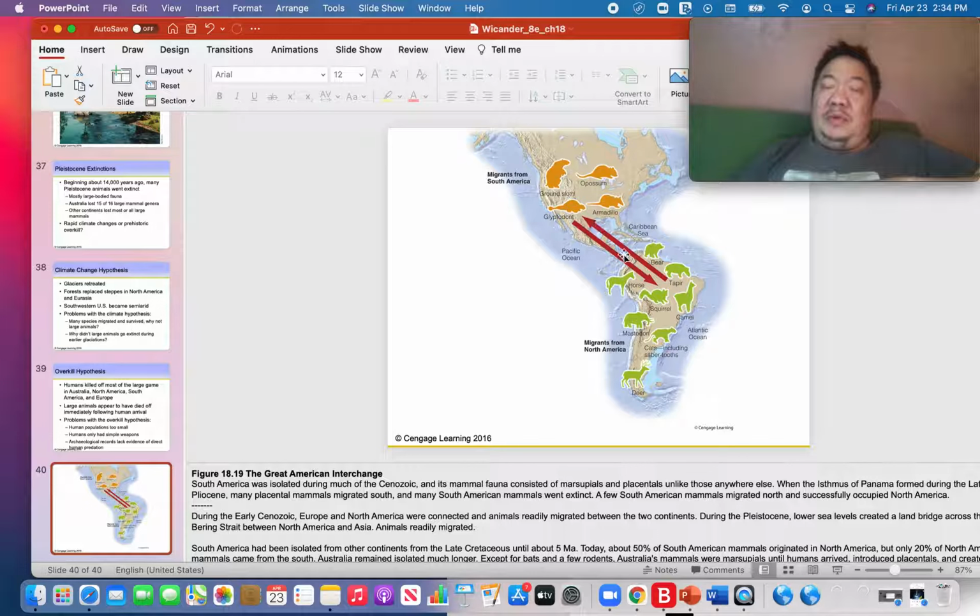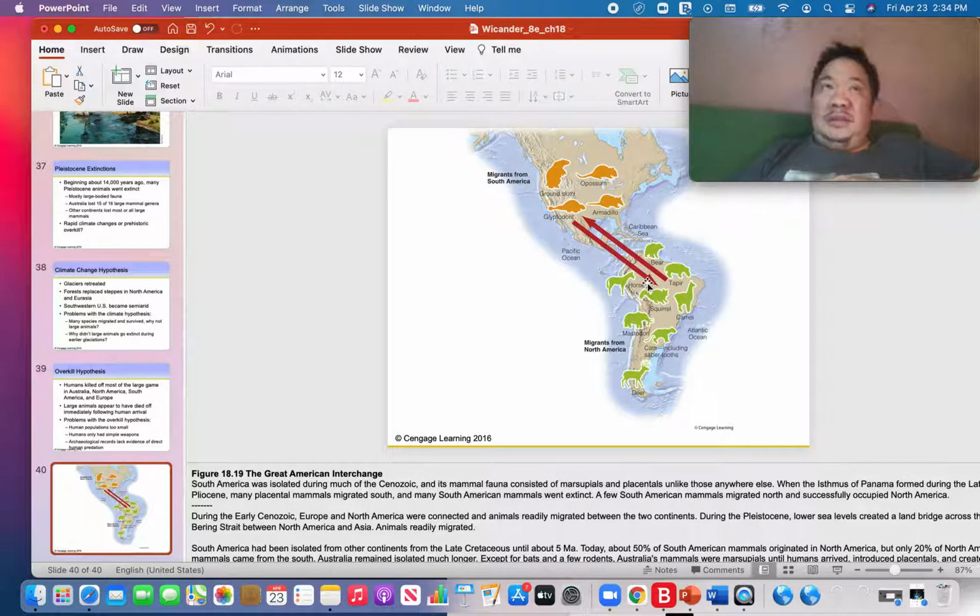But 3 million years ago, North America and South America collided, and two continents colliding, that's a continental convergent plate boundary, that formed a mountain range, and it formed Central America. Once Central America was formed 3 million years ago, the marsupials of South America could migrate north, and the placental mammals from North America migrated south.